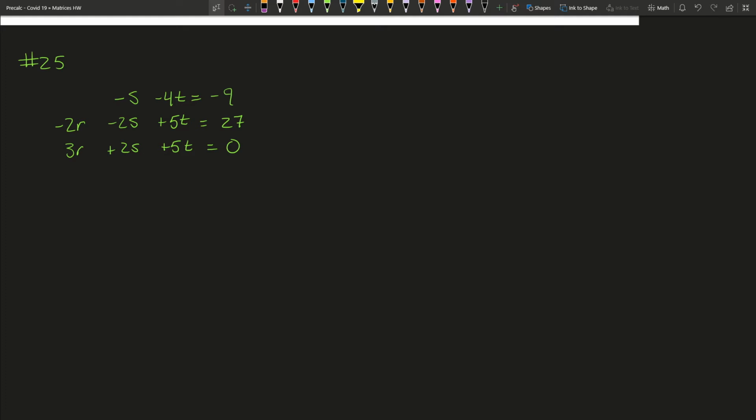I did want to do 25 in front of you so you could actually see the process if you were confused. So this is number 25. You still go about this the same way, even though there is a 0R right here. I'm going to eliminate S in this case.